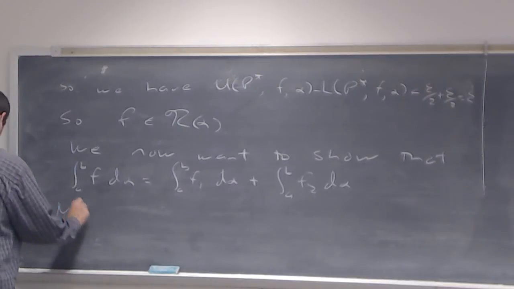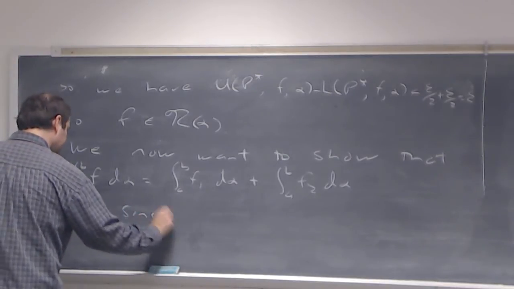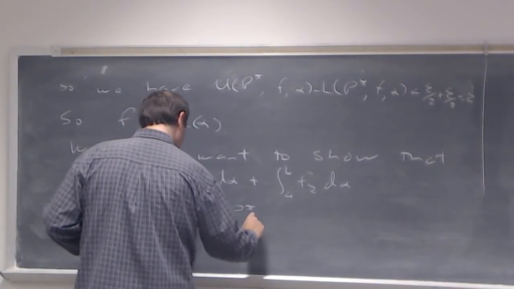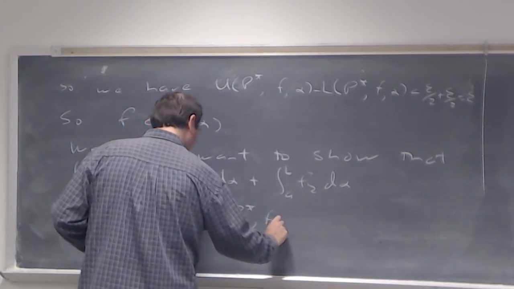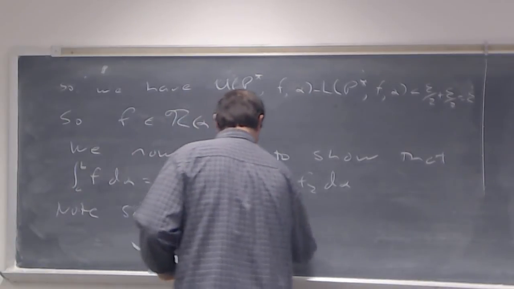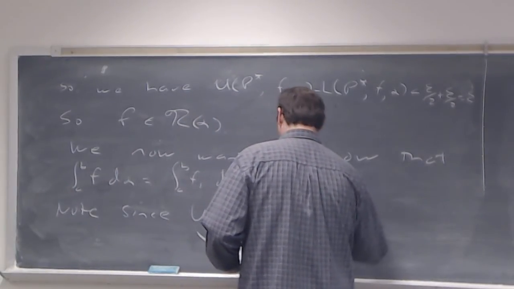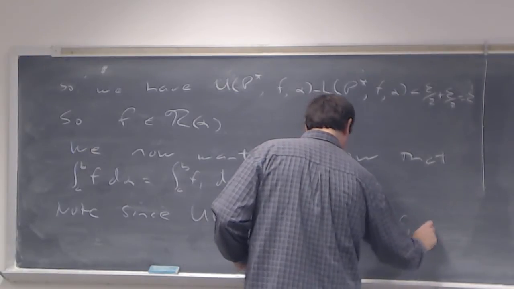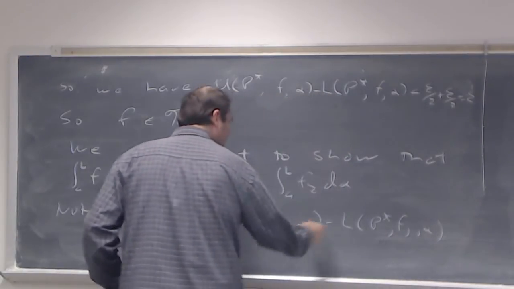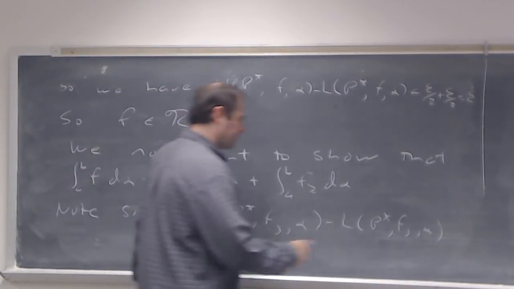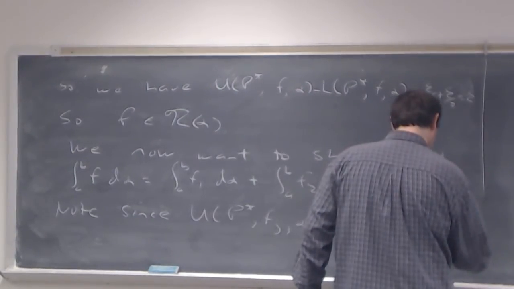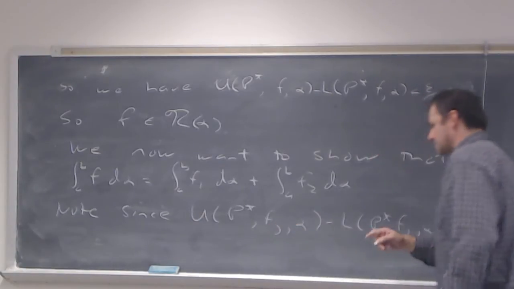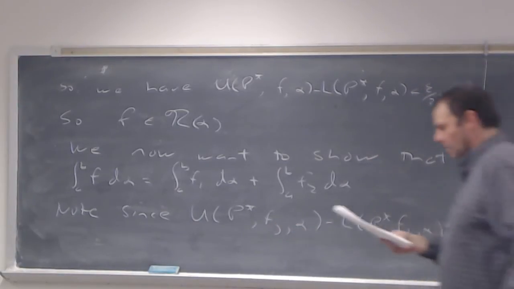First of all, we're going to note that the upper sum with this partition P*, f_j, alpha minus the lower sum with this partition of f_j, alpha, same j, where j is either 1 or 2, since each one of these subtractions is less than epsilon for f_1 and for f_2, they're both the same.